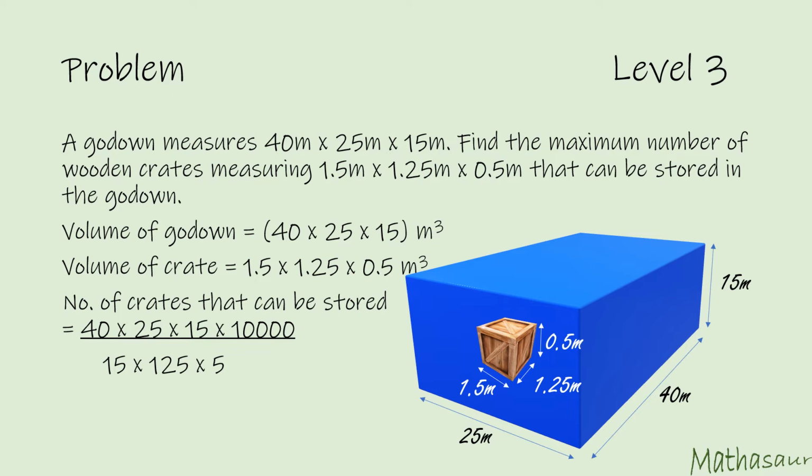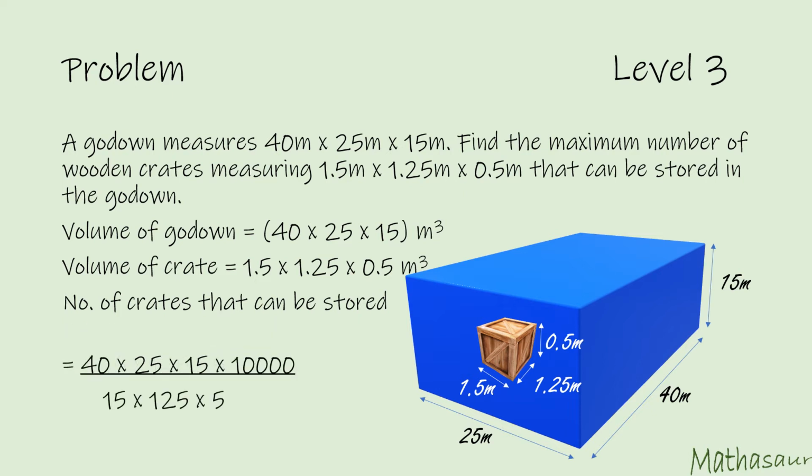So I get a 10,000 in the numerator. Now let us simplify. I am left with 8 multiplied by 2000, which is 16,000. So 16,000 crates can be stored in this godown.